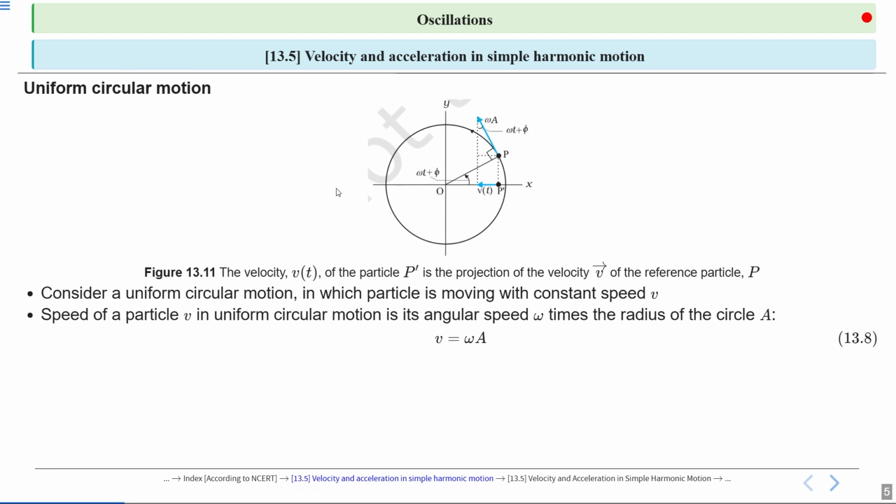For example, if omega is 2 radians per second and A is 0.5 meters, then v equals 2 times 0.5, which is 1 meter per second. If we increase the radius or the angular speed, the speed of the particle increases as well.